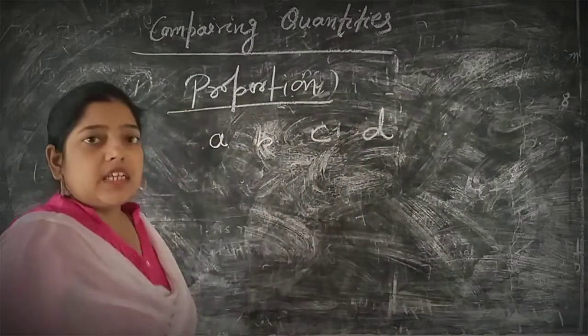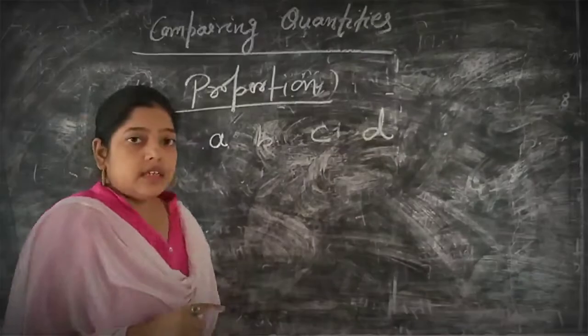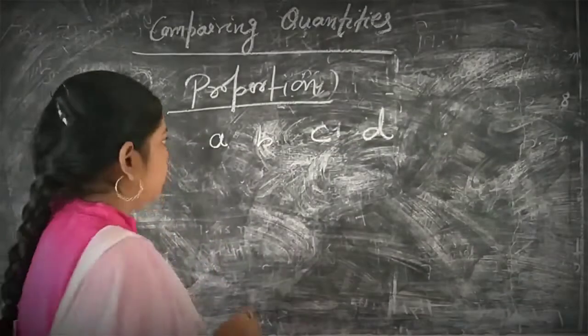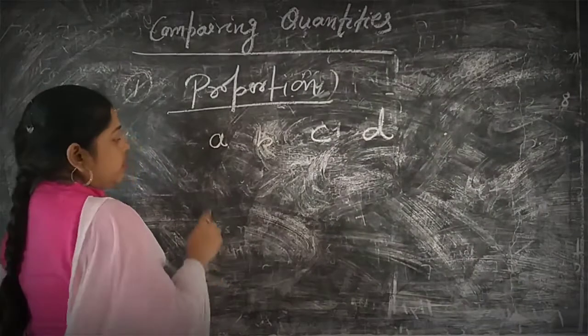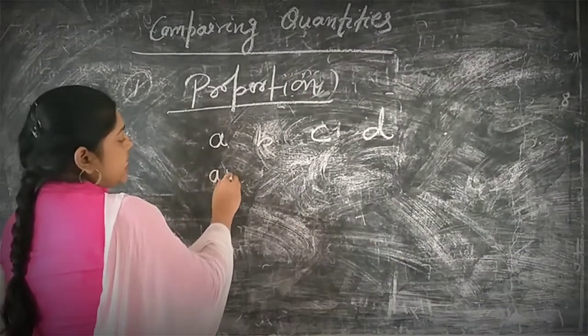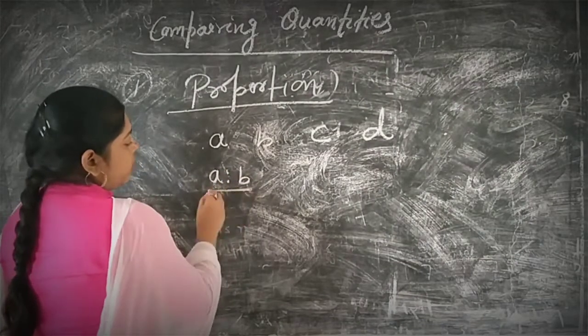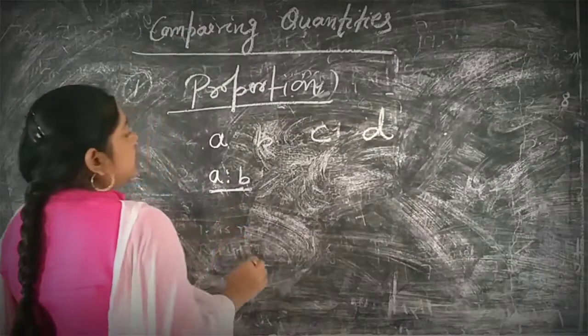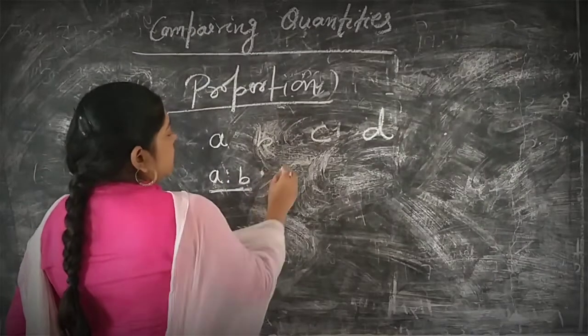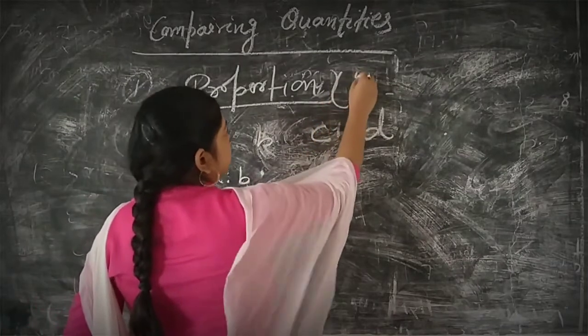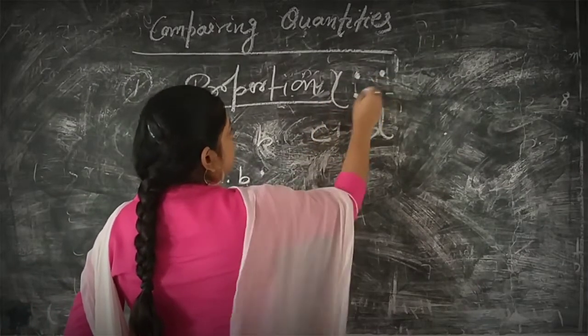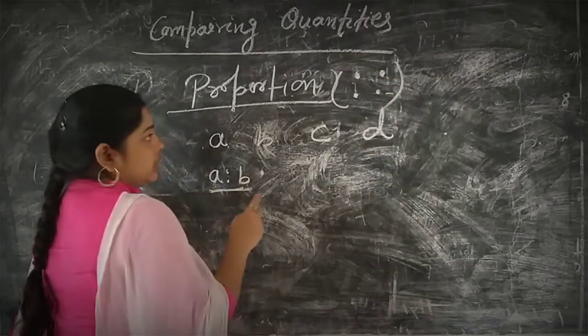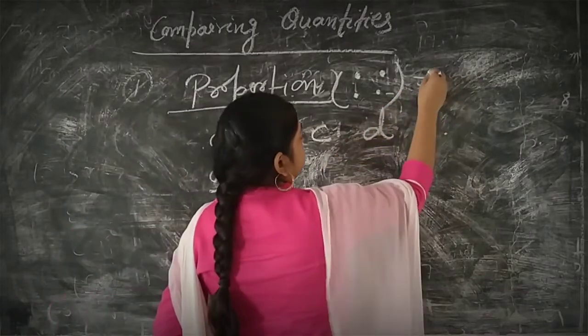What is the relation between A, B, C, D in the form of proportion? We write A:B, because this is called the ratio, and proportion means equal form. This is the symbol of the proportion, and it is called equal.